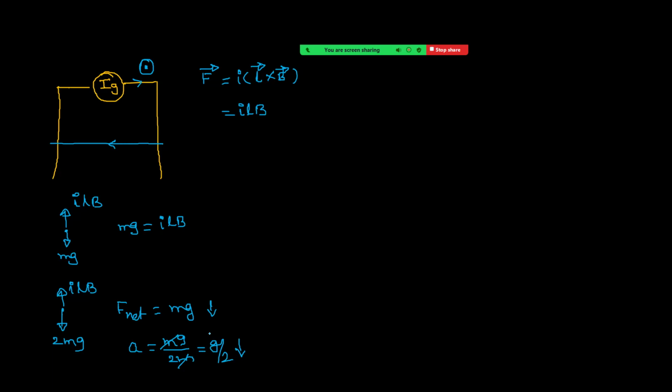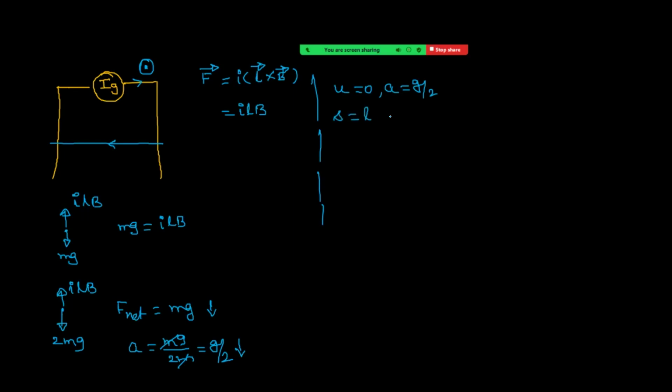Now see the question: how long will it take in falling through a distance equal to its length? So the condition is it starts from rest, u value 0, a constant, g by 2.